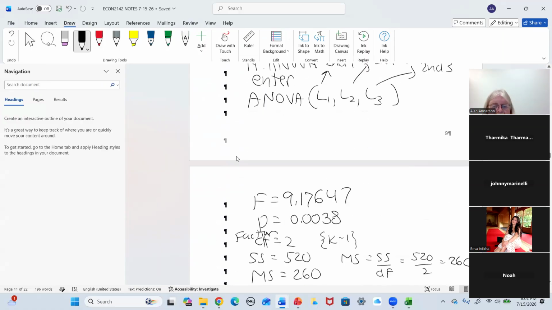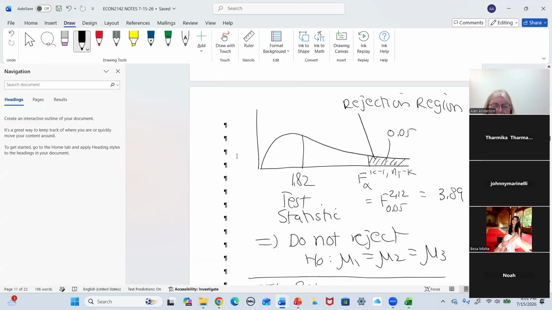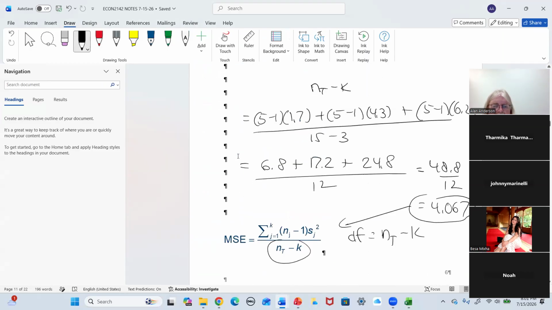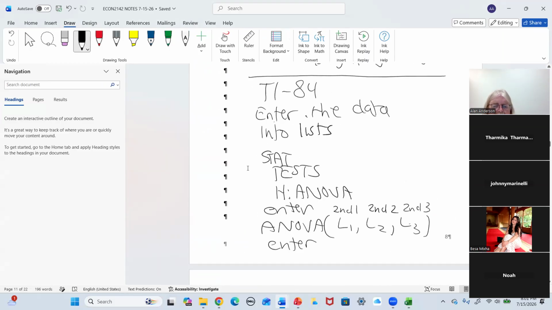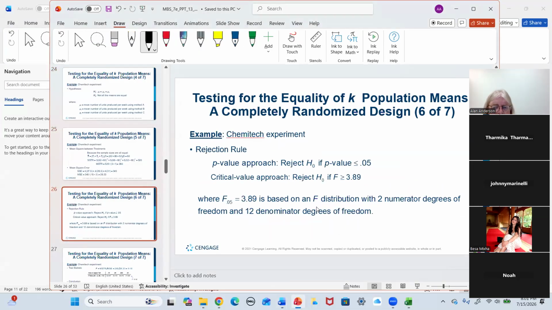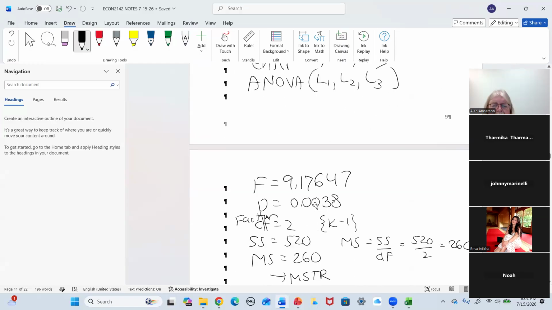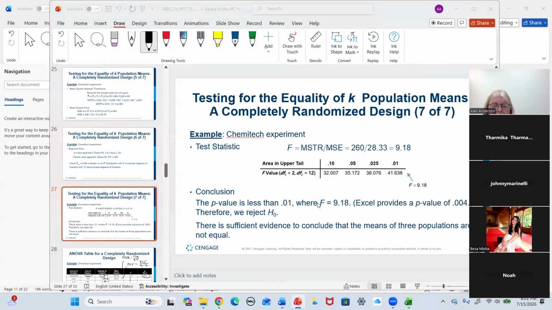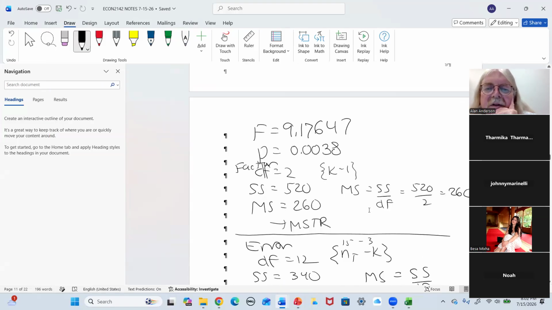So I'm going to see if I can copy the data here. No, this is my example. No, that can't be it. It must be this one. You're right, because F is 9.18. Oh, there they are. There's the results.